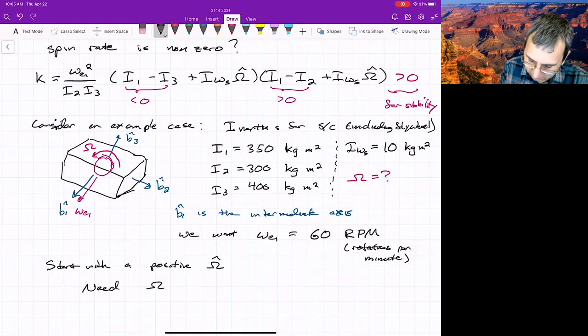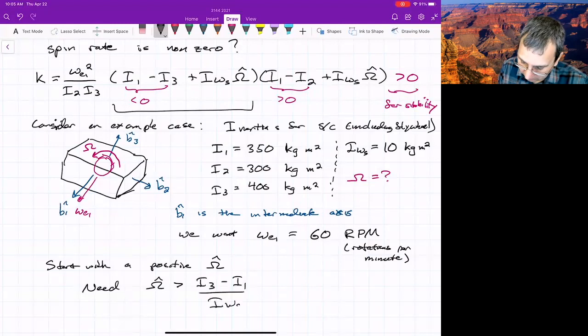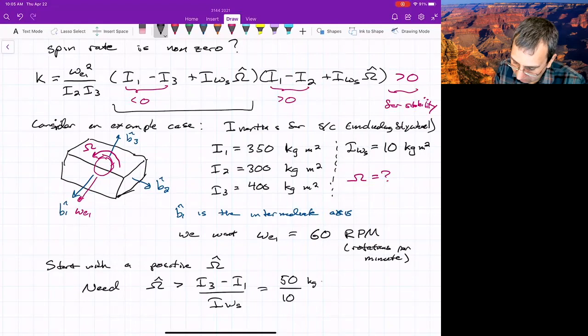We need omega hat to be greater than, I'm rewriting this first term in the parentheses, and so I'm going to flip a sign, I3 minus I1. I3 minus I1 is positive. So this is what? 400 minus 350 is 50, divided by 10 kilograms per meter squared.